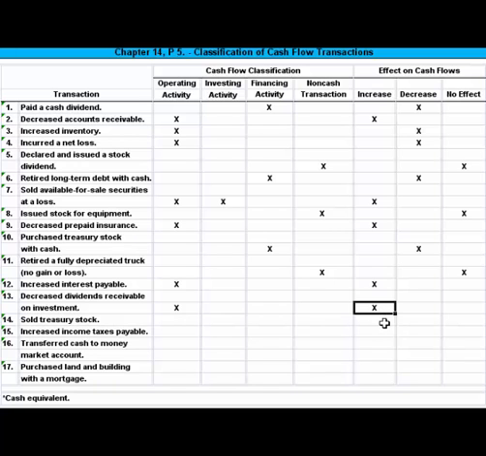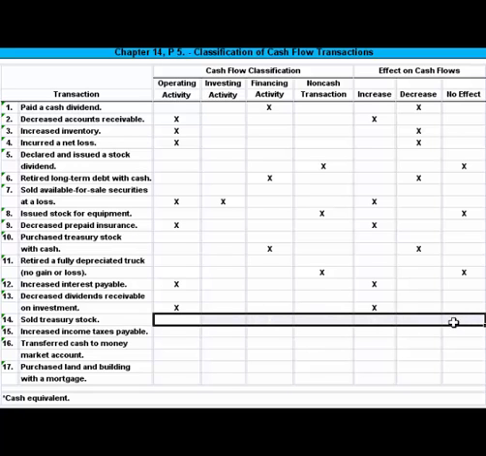And again, I think the authors have this wrong. I think the decrease in dividends receivable flows through as a decrease. Oh, I'm sorry. No, they have that right. I read that incorrectly. If we decrease the dividends receivable, then that means we paid out less in dividends, so we did have an increase in cash.